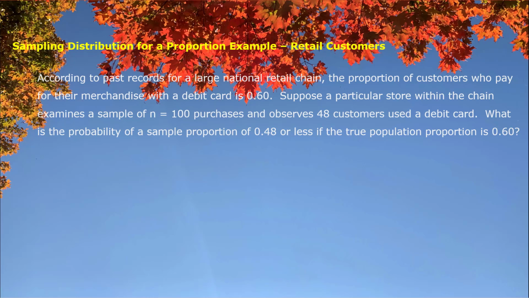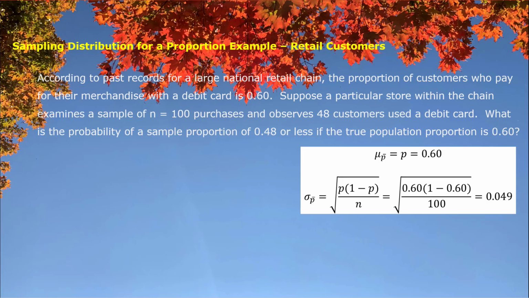So we have basic information, the background assumption: 60% as the population proportion, that percent of the customers have their merchandise paid by debit card. Based on that, we can find the average value and the standard deviation for the sampling distribution of the sample proportion.